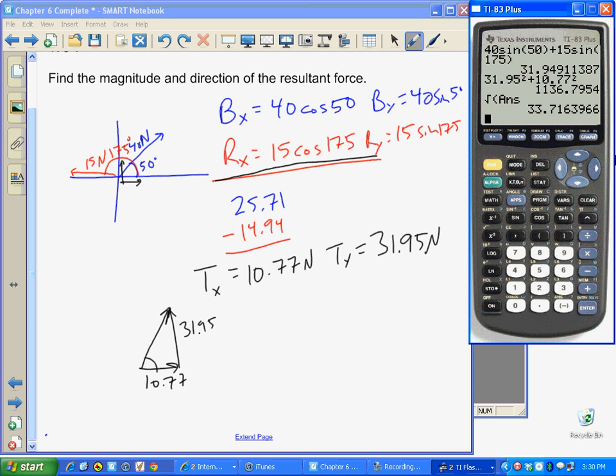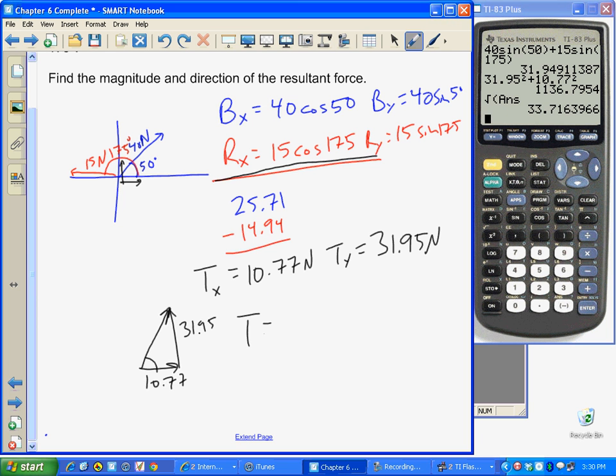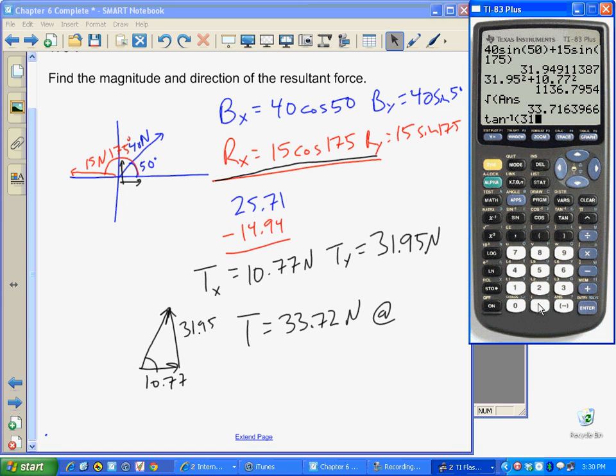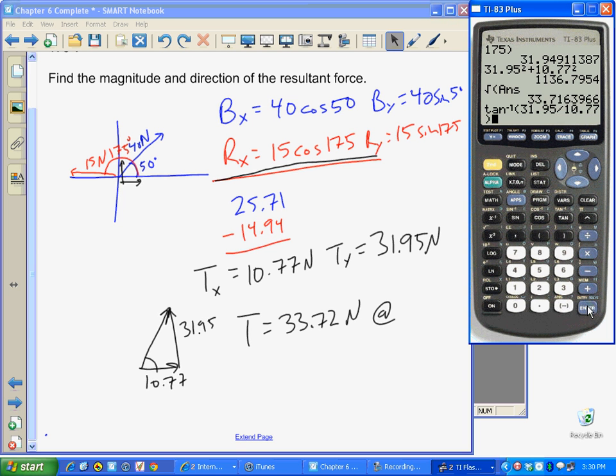That's the magnitude of my resultant force. So my total force equals 33.72 newtons at, now we need to find this angle, so we do the tangent inverse of 31.95 over 10.77, which is about 71.37 degrees.